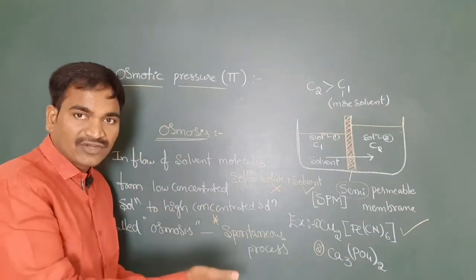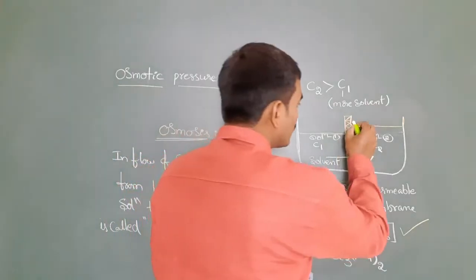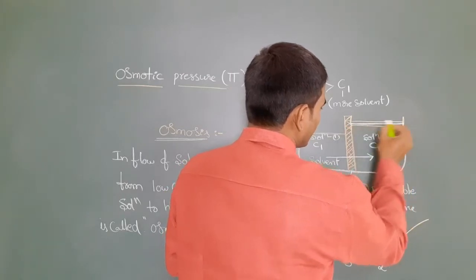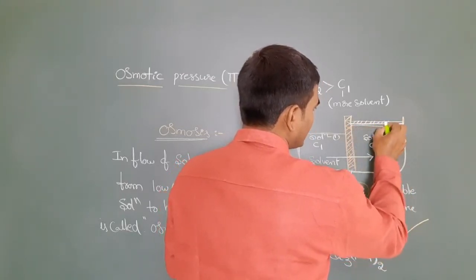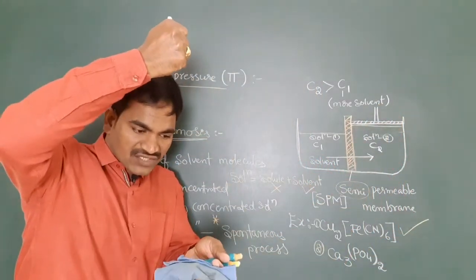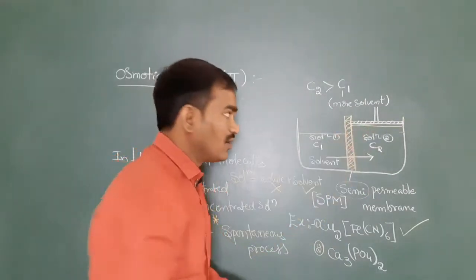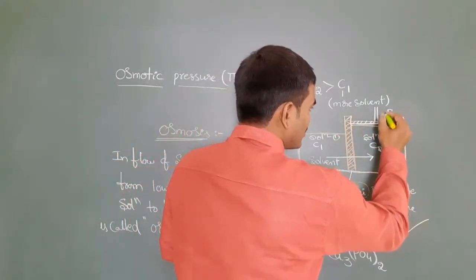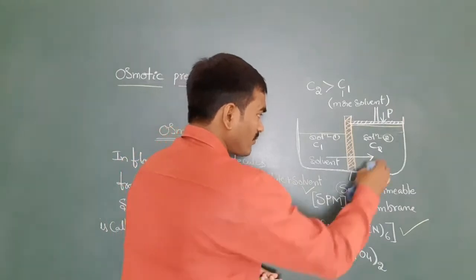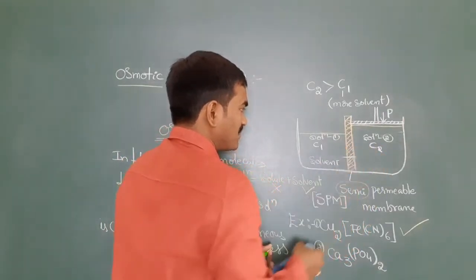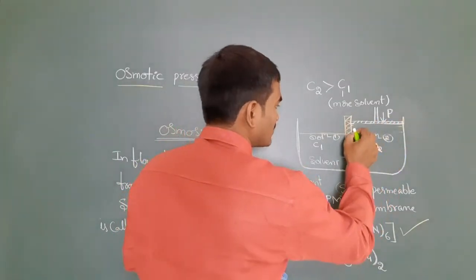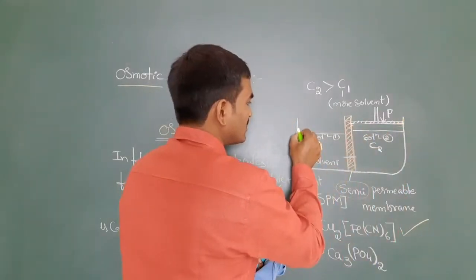So then what we are going to do is apply some pressure on the high concentrated solution side with the help of a piston. Due to applying this pressure, again the levels of the solution reach their original positions.